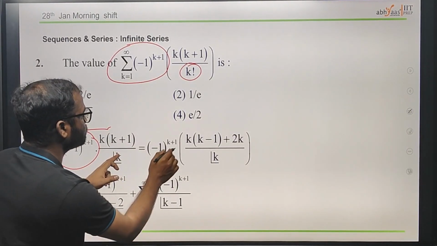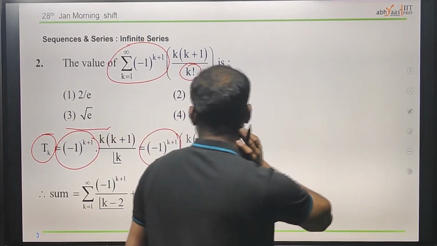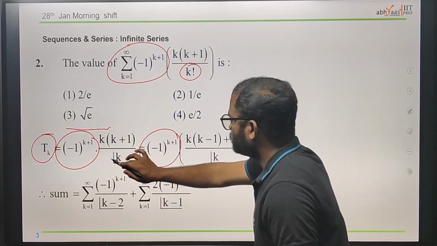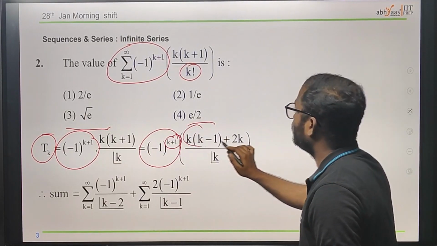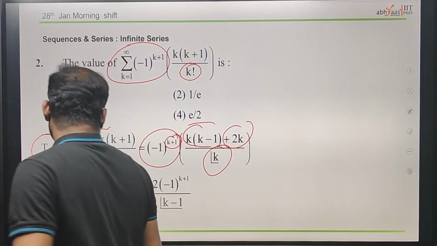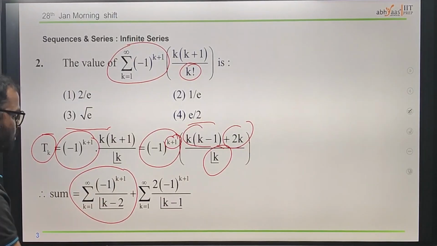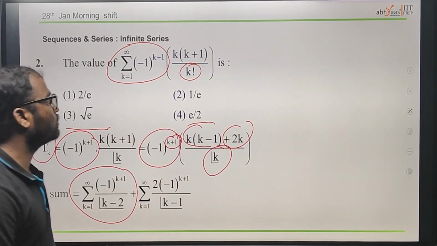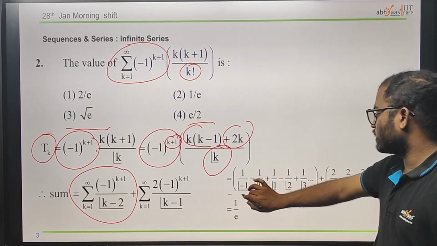We can write k plus 1 as k into k minus 1 plus 2k, divided by k factorial. Therefore, doing the sum of this, we get terms with k minus 2 factorial and k minus 1 factorial, which gives e.